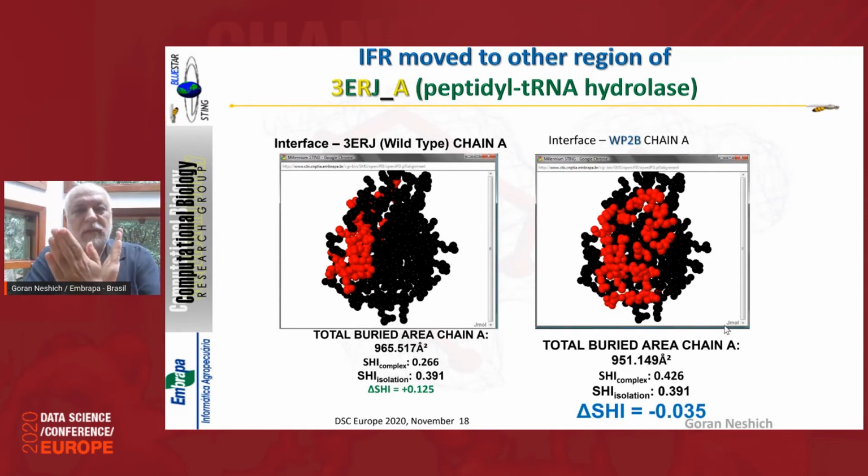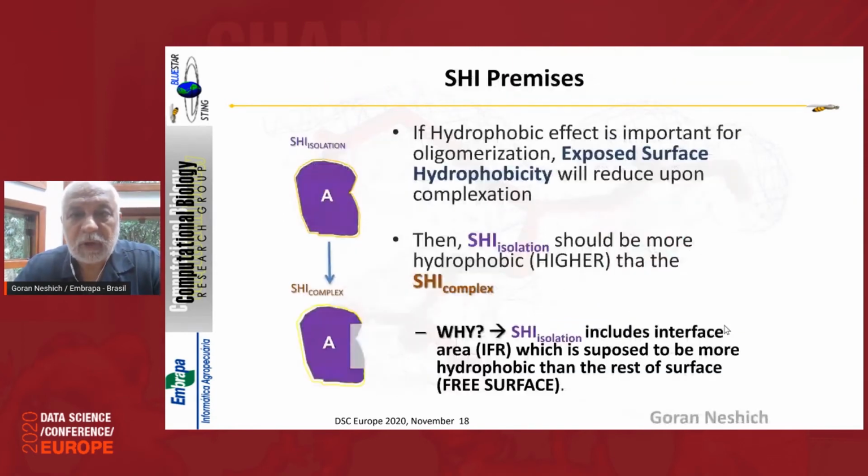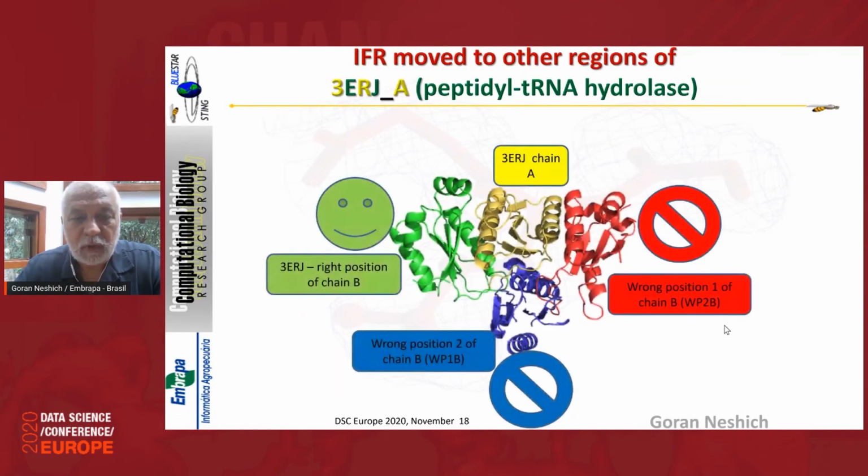If we migrate the protein to a false interface, the delta SHE will become negative. And that's a huge advantage, having such knowledge and having such a parameter based on the huge data volume of pre-calculated parameters that we can use and check whether two proteins interact at the right position.